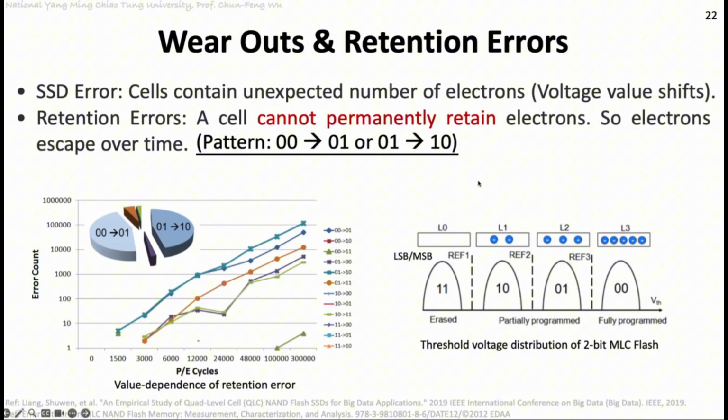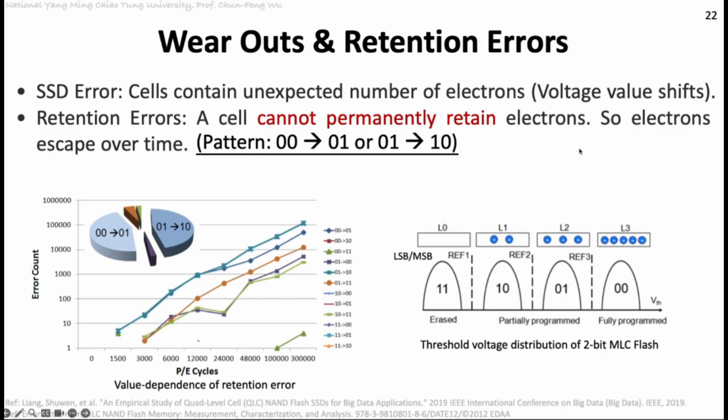And the reason it is not possible to jump from level 1 to level 2, or from level 2 to level 3, is that to move from level 2 to level 3 you need to insert more electrons into the floating gate. Usually you need a higher, larger electric field to move the electrons from the P substrate into the floating gate.